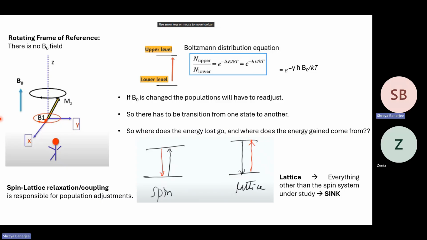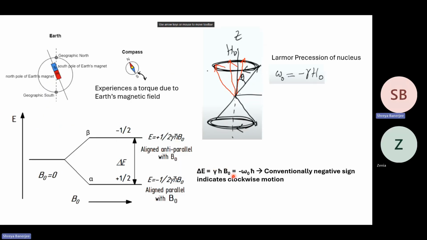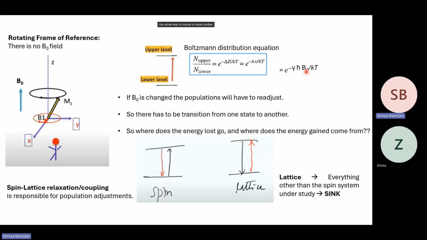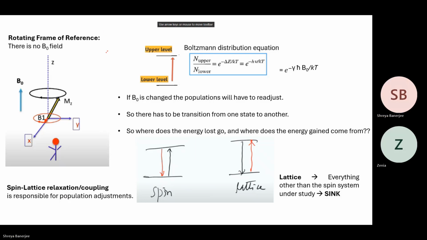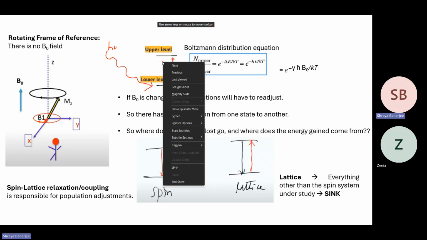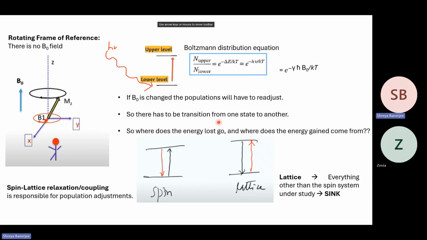So delta E can be written as gamma h bar B naught, giving e to the power minus gamma h bar B naught by kT. Now, suppose you are applying an external radio frequency, h nu, and this is promoting some nuclei to the upper level, and the populations are changing.